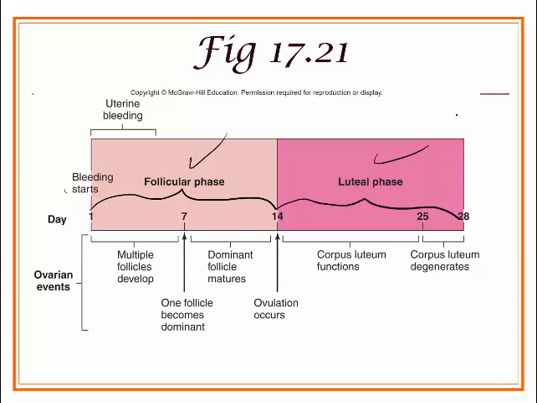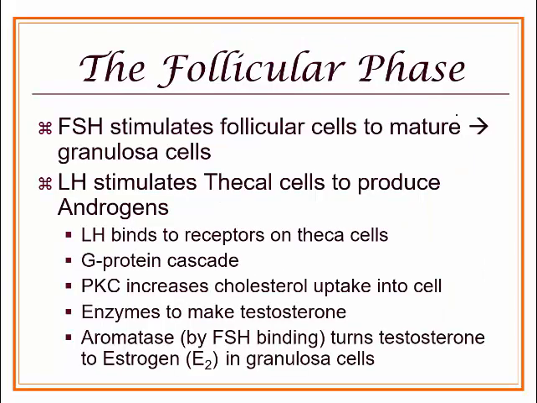So in the follicular phase, we're going to have gonadotropin-releasing hormone act on the anterior pituitary. And that's going to cause the anterior pituitary to release follicle-stimulating hormone, which is going to have an effect on the granulosa, and luteinizing hormone, which has an effect on the theca.